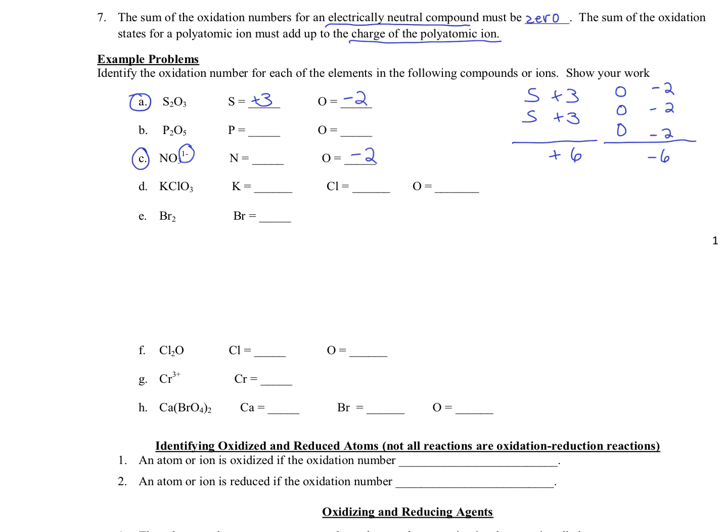And I have 3 oxygens again, so that will be -6 for a total for oxygen. And the nitrogen will be a positive number, and it will be a number that when added to -6 gives me an answer of -1. So nitrogen has to be +5. Okay, please do the rest of the problems. Turn off the video first, and then come back and check your answers.